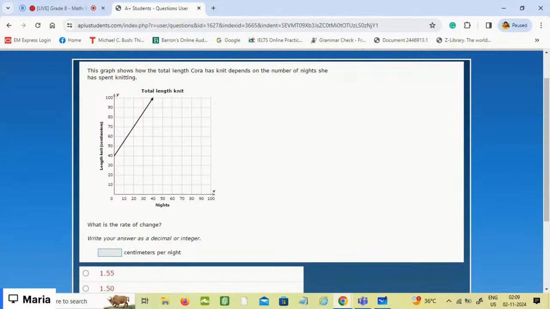The correct option is 1.50. Option number 2 is the correct option, right? The correct option is option number 2.